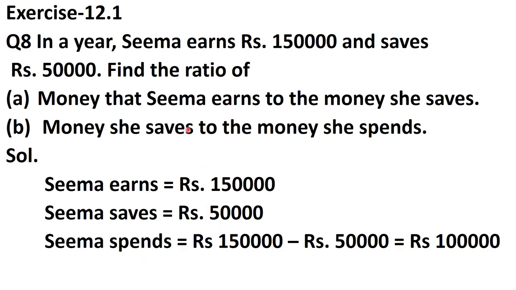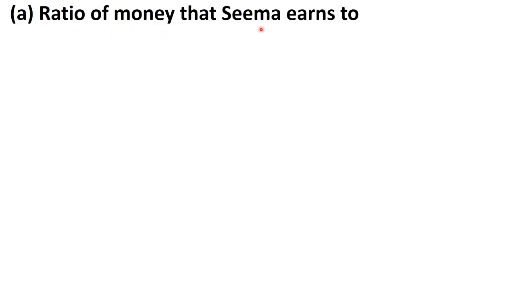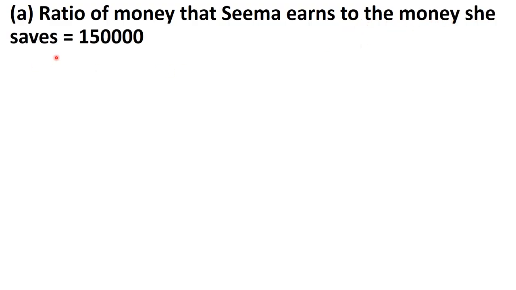Now we can find out these two ratios easily. First ratio that we need to find out is the ratio of money that Seema earns to the money she saves. It is Seema earns rupees 1,50,000 and she saves rupees 50,000. See, I have not written rupees here because I have told you that in ratio we never write units.